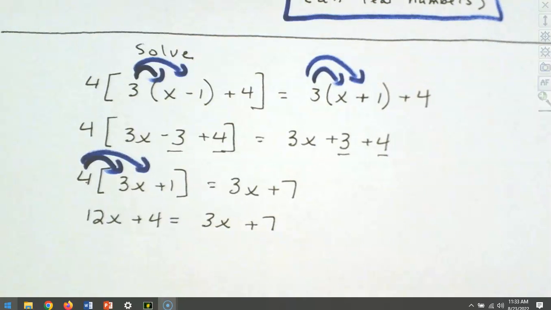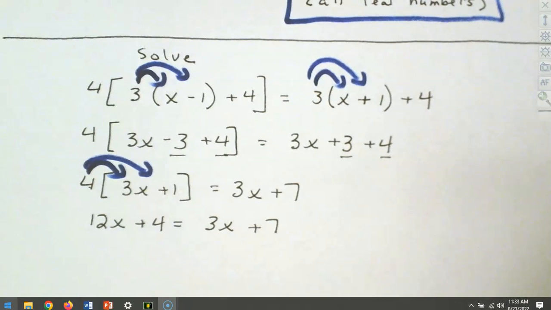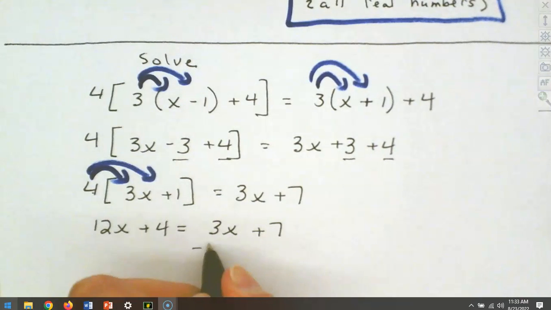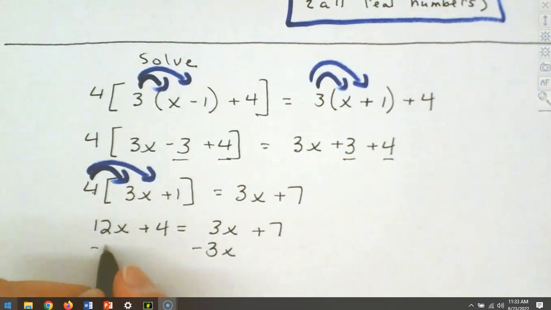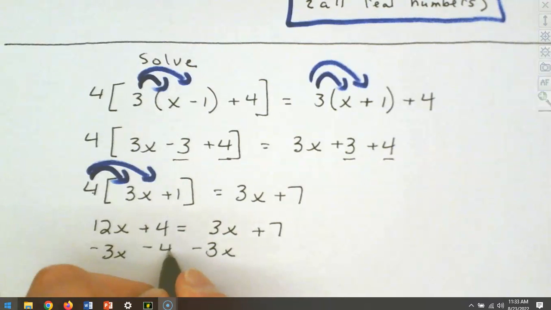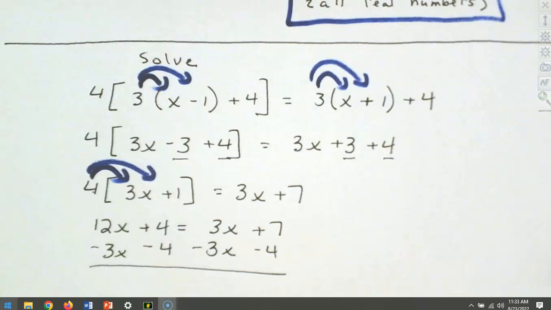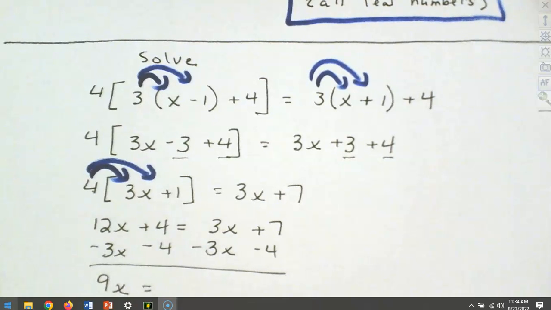So when I say solve, what does that mean? Well, when I say solve an equation, that means you get your variable on the left, numbers on the right. So I'm going to go ahead and move that 3x over with subtraction, and the 4 over as well. So 12x minus 3x, that leaves you then with a 9x.